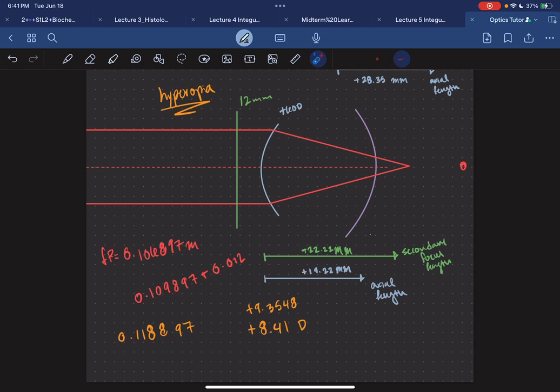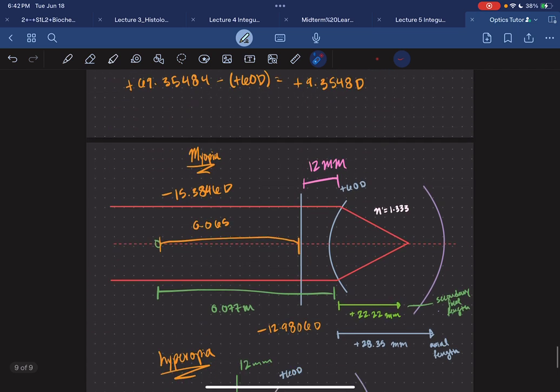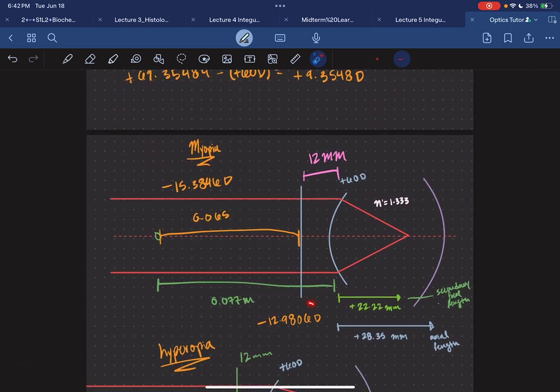One thing that I want to make sure we understand is, why is the prescription less for a hyperope from contact lens to glasses, and why is it more for a myope from contact lens to glasses? It all has to do with how much closer or further we are getting from that far point. For a myope, here's the far point. For contact lens, it's further. Then as we get closer to that far point, the divergence increases.